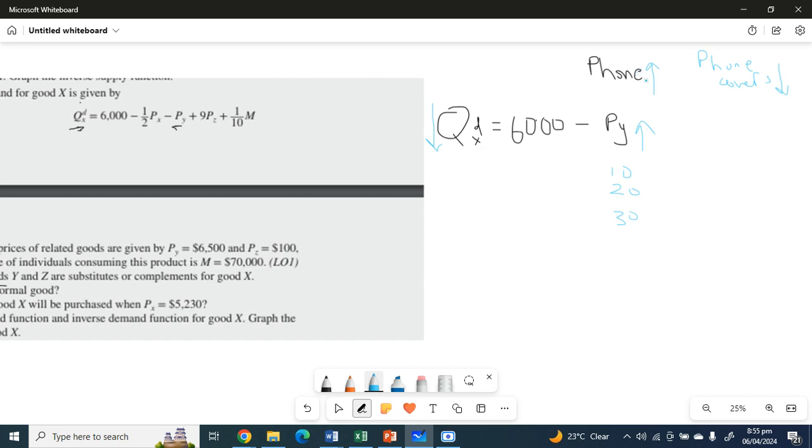If the price of phones goes up, few people buy phones, and as few people are buying phones, few people will also be buying phone covers. You can insert any values, and you're going to notice the quantity demanded for good X goes down. So we can say goods X and Y are complementary.